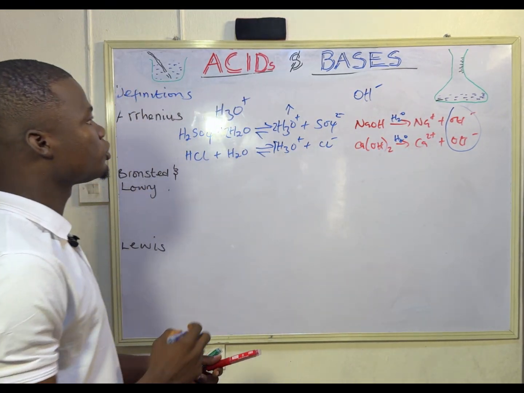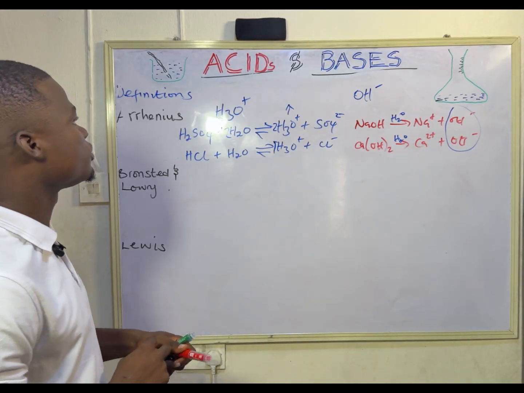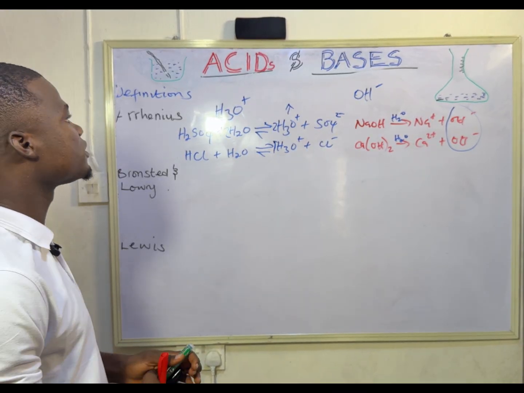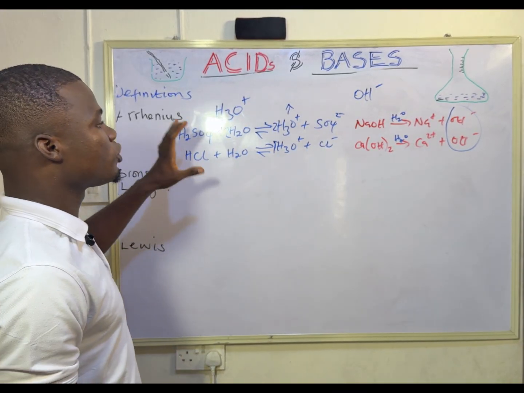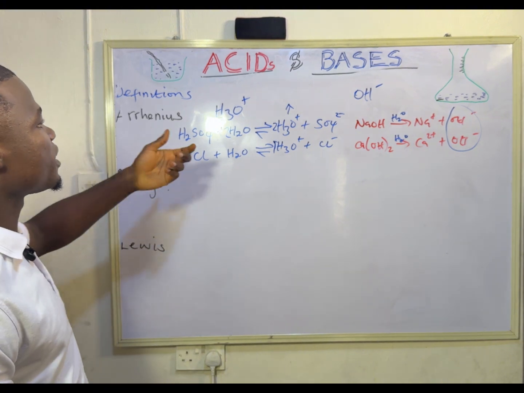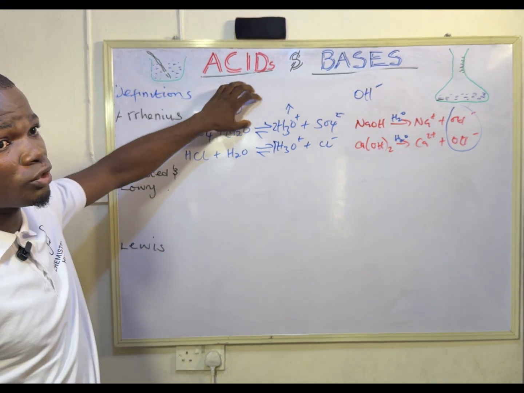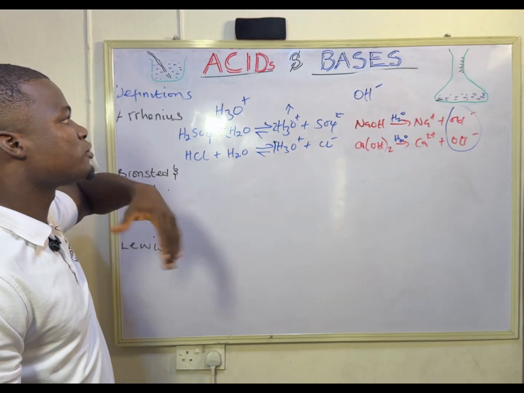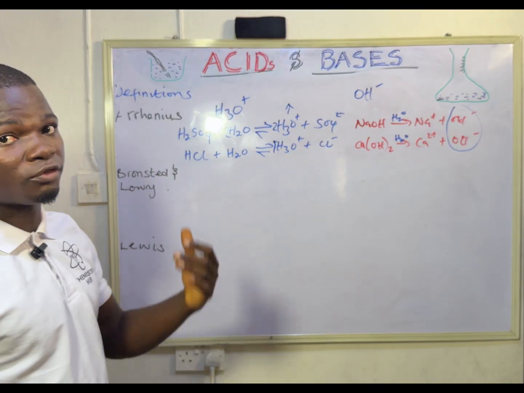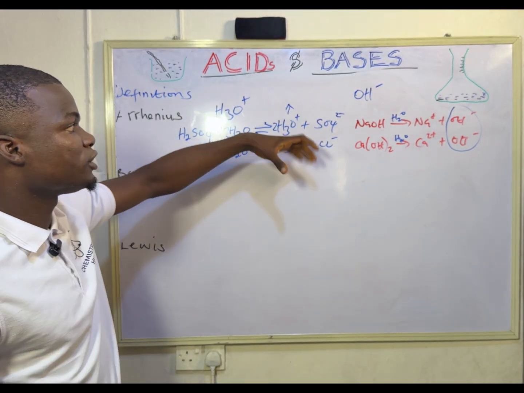Now, one of the limitations of the Arrhenius definition is that it restricts the concept of acids to substances that produce H3O plus in aqueous solution. That means for it to be an acid, it must dissolve in aqueous solution to produce H3O plus.